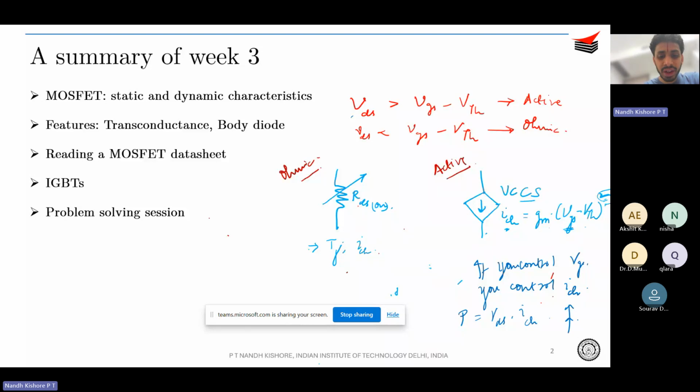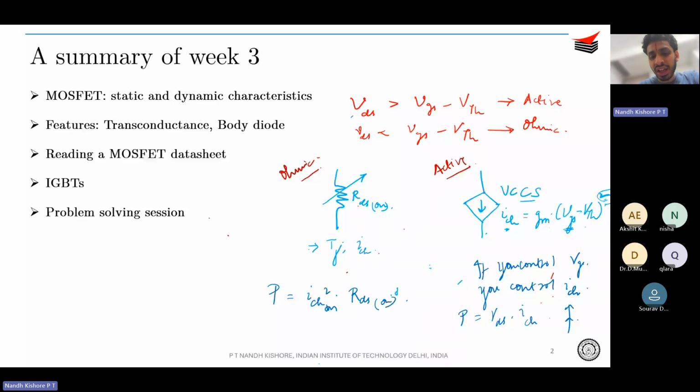Whereas on the other hand, if your device is in the ohmic region, your power loss will be simply I channel RMS square into RDS on, right? Your RDS on will be of the order of a few milliohms, few tens of milliohms. Since it is in milliohms, the power loss would be lower. So that is why we always prefer to operate the MOSFET in its ohmic region and not in its active region, right? Okay, so this is something I think which you guys are aware of already.